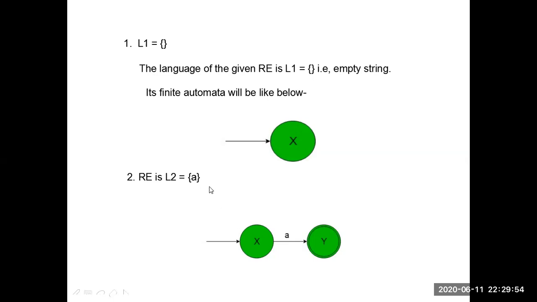When we come to the second regular expression, there is a single character A. From the initial state X, it moves to the final state Y whenever A is read. Only one character is there, so whenever A comes, it goes directly to the final state.